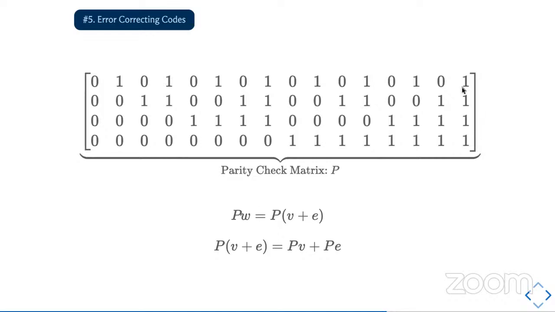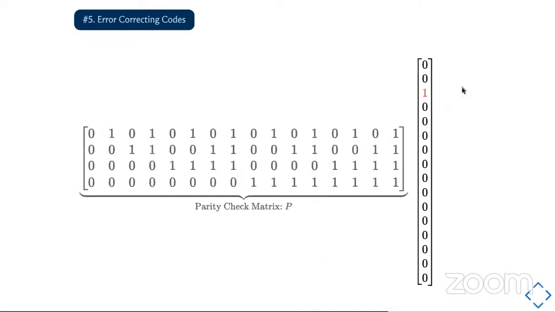Yeah, PV is the all zeros vector. Absolutely. And then we have PE. That's all that's going to be left. But what is the action of P on an error vector? What is the output here?